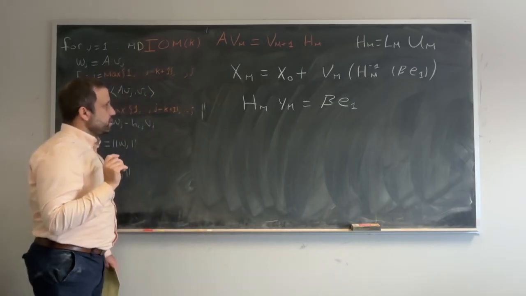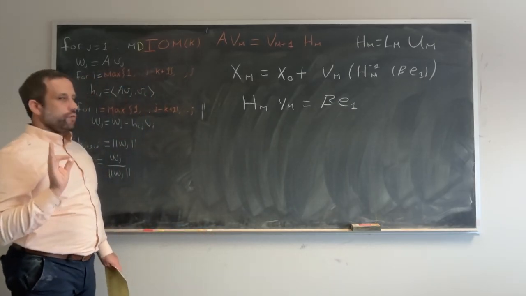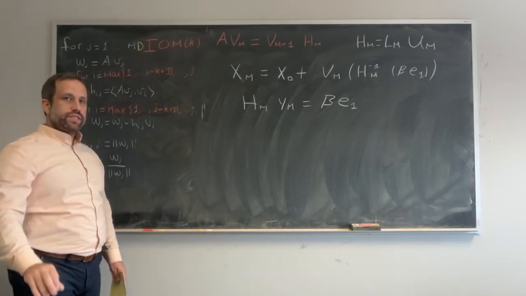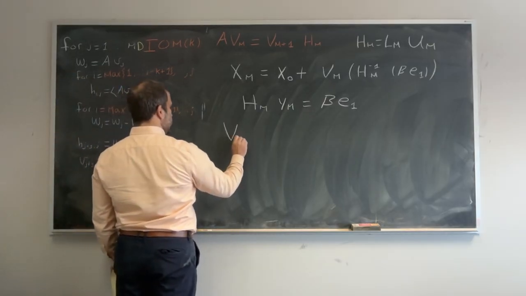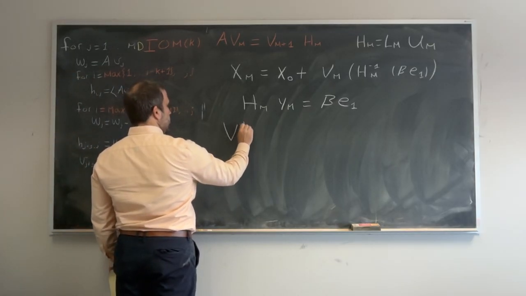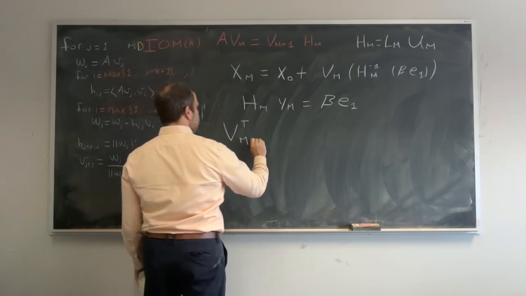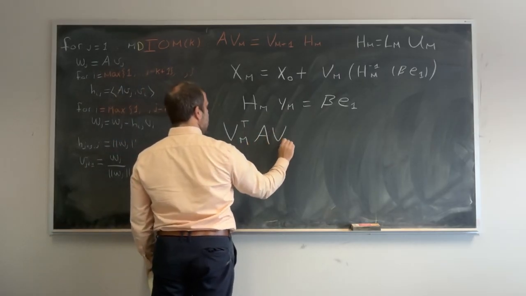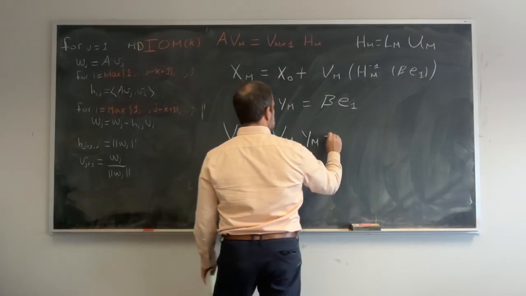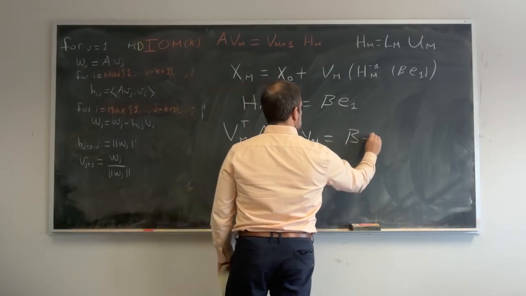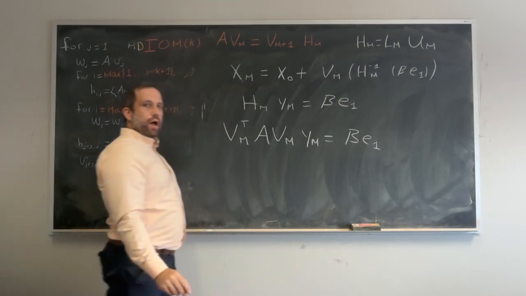Okay, but where does this equation come from? If you think back to several weeks ago when we were first deriving these methods, maybe week 6 or week 7, we saw that what we really want to solve is V_m transpose A V_m y_m equals beta e1.